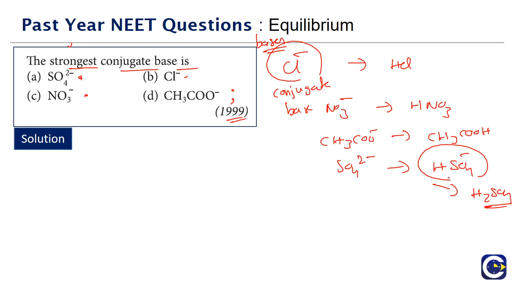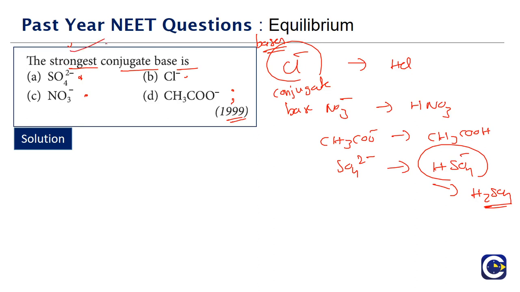Generally the understanding is, if the acid is a strong acid, typically the mineral acids, all the mineral acids are strong acids, then the corresponding conjugate base will be a weaker base. If the acid is a weaker acid, then the corresponding conjugate base will be stronger.